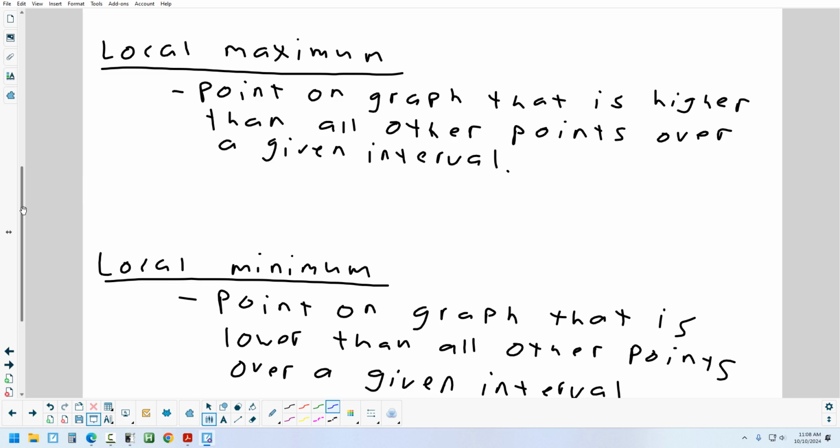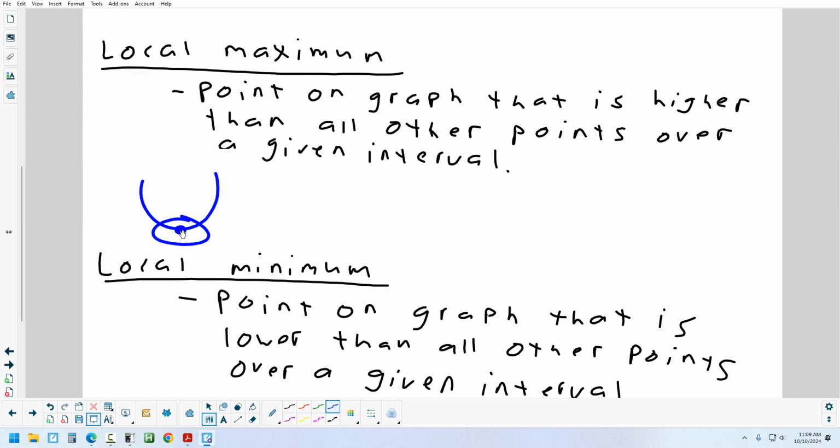You can also find local minimums and maximums without calculus for certain shapes, like a parabola. In algebra, there's an equation for the vertex. So if you know how to find the vertex of a parabola, that is technically a minimum. With a parabola, though, that's a special type of minimum. It's actually called a global minimum, because in a parabola, that is the lowest point, period.